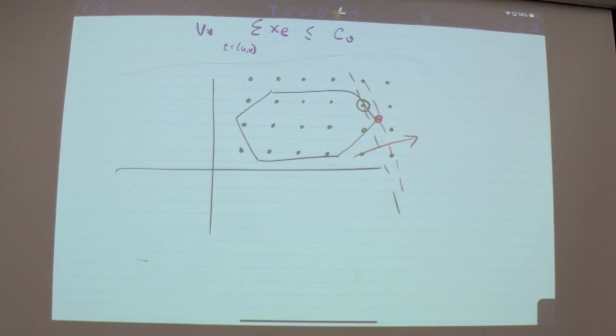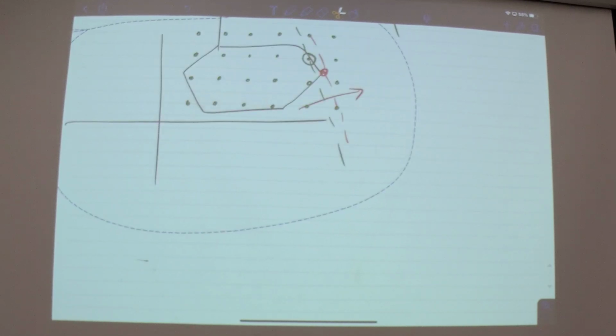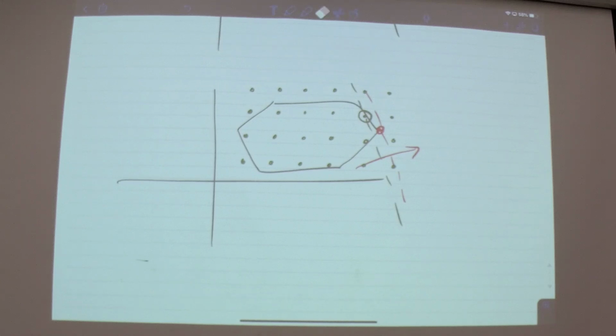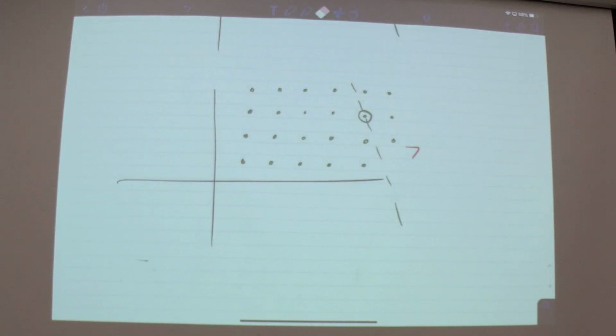Suppose our polytope just so happened to look like this.